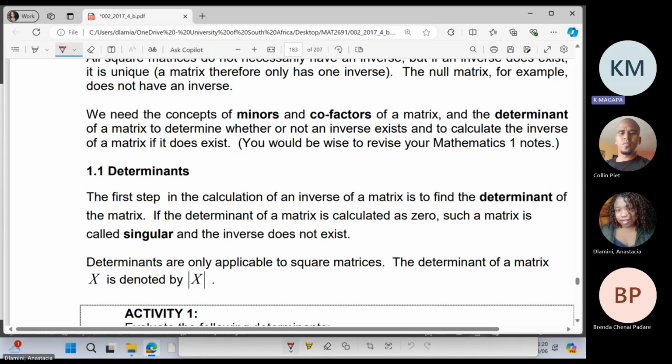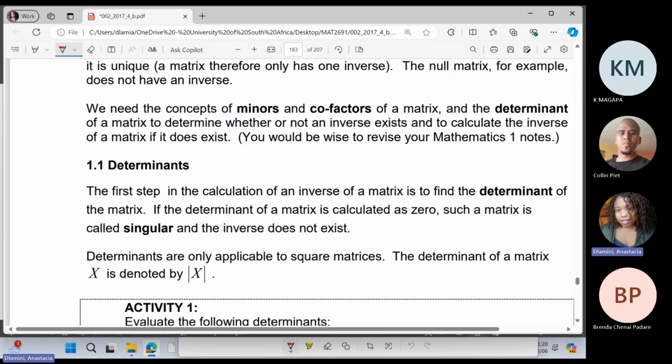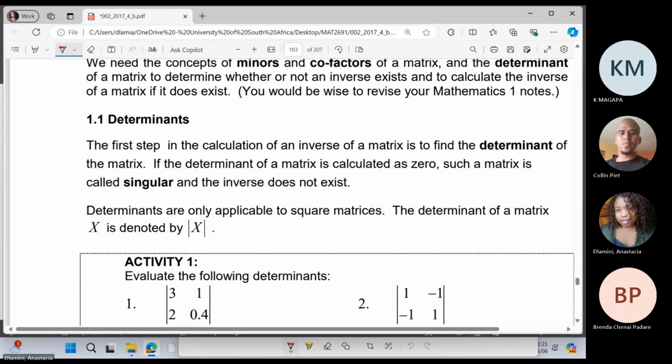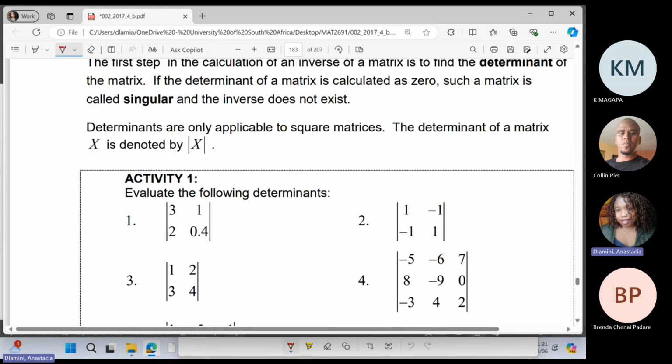Yes, ma'am. Thank you. Determinants are only applicable to square matrices. The determinant of a matrix is denoted by vertical bars, as if you're looking at the absolute value, but you're not looking at the absolute value of the x. Okay, they're not showing you how to find the determinant. Do you remember how to find the determinant?